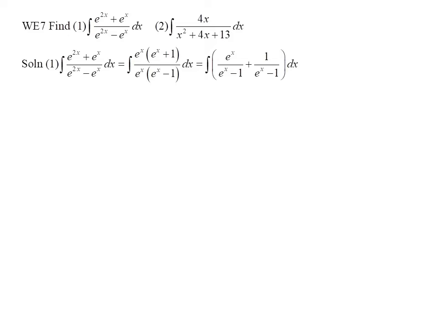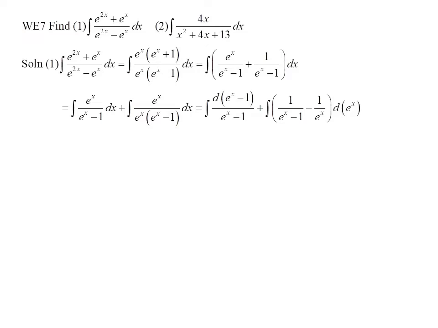Here, example 7 is to find two antiderivatives. As can be seen on the screen, in the first antiderivative, after the function is simplified by taking and cancelling the common factor from both numerator and denominator, it is decomposed to e to the x over (e to the x minus 1) plus 1 over (e to the x minus 1).